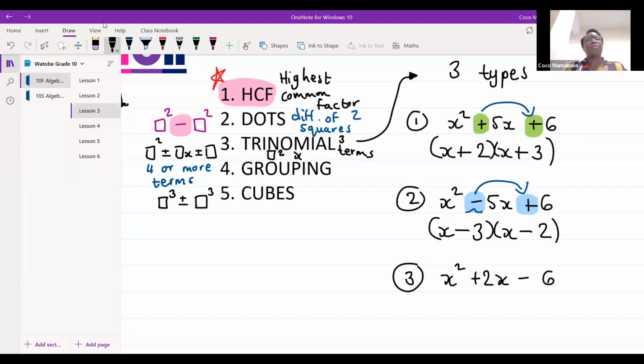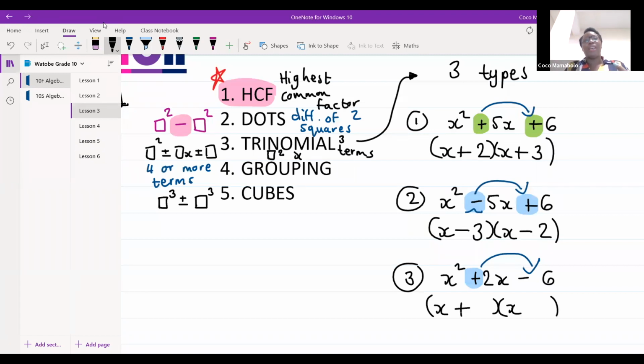So the first thing I'm going to do, again, is put an x, put an x. Now I've got a plus here, but I need a minus over here. Which two signs put together are going to give me a minus? If I've got a plus here in the middle, I need two signs that are going to give me a minus. That's it.